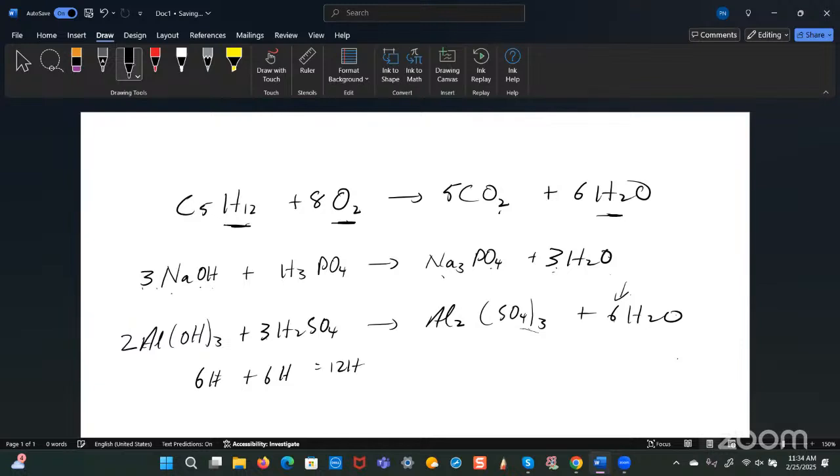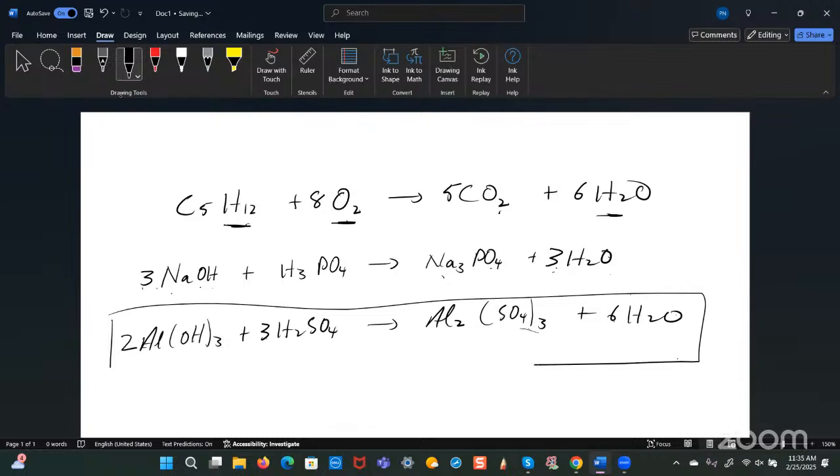And then on this side, we have 6 times 2, 12 hydrogens. So the hydrogens are already balanced. So this would be the final answer, the final balanced equation.